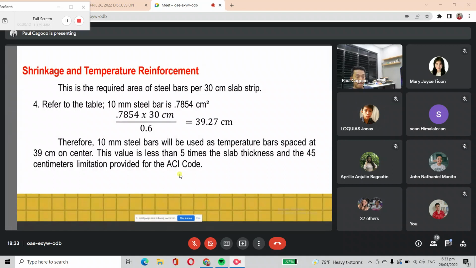Mo-work against na siya para sa integrity sa structure. Asa man nga side? Sa temperature, sa bent bars, straight bars? Sa bent bar, sir.